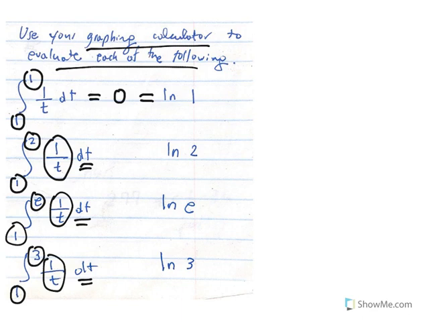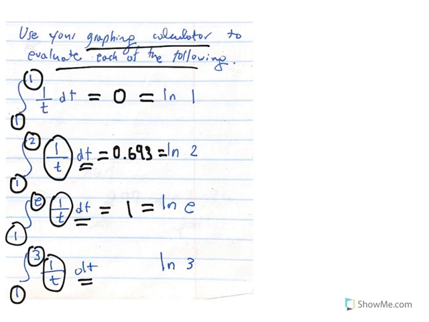And the value of the second definite integral is approximately 0.693, and that is equal to natural log of 2. The value of the third definite integral is equal to 1, and that is equal to natural log of e.